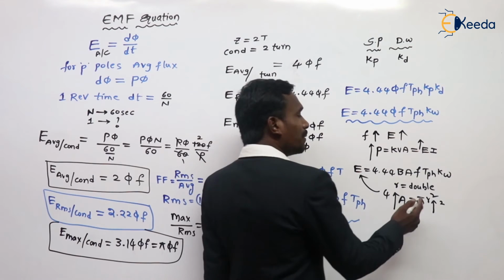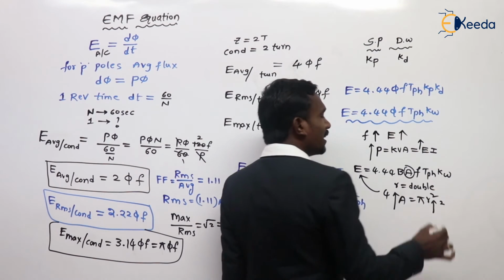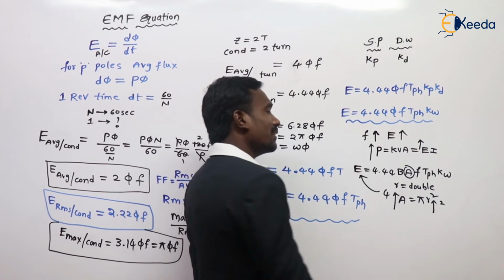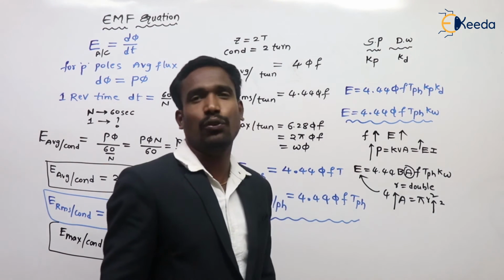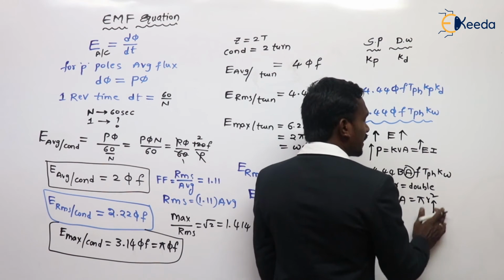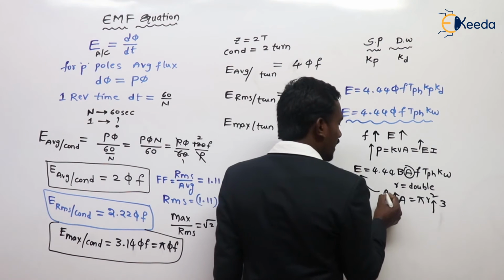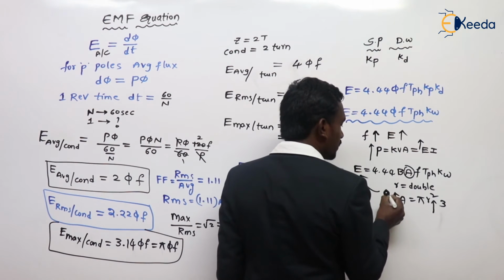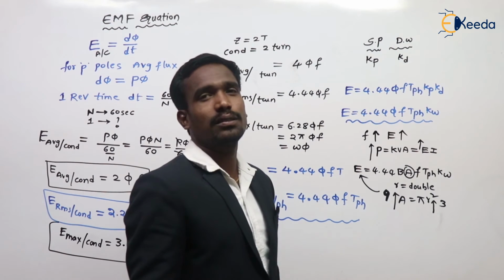If linear dimensions double, what changes here? Area changes. When linear dimensions double, area becomes 4 times and EMF becomes 4 times. For example, if the linear dimensions increase by 3 times, then area increases by 9 times, then EMF also increases by 9 times.